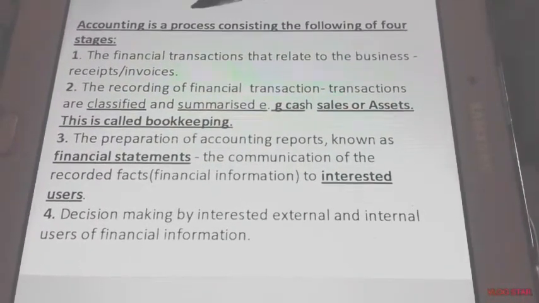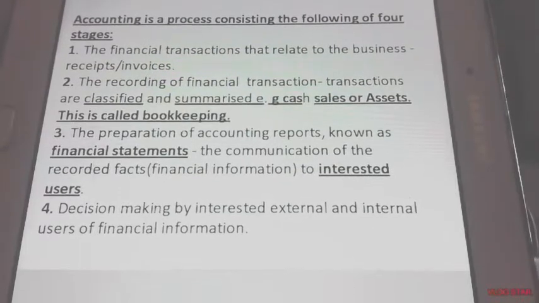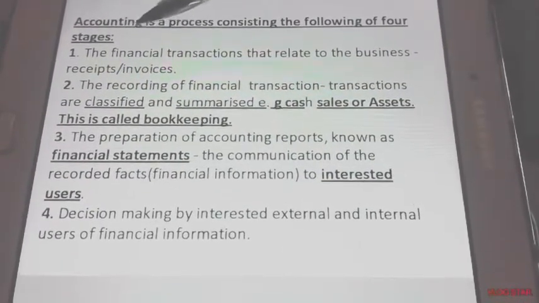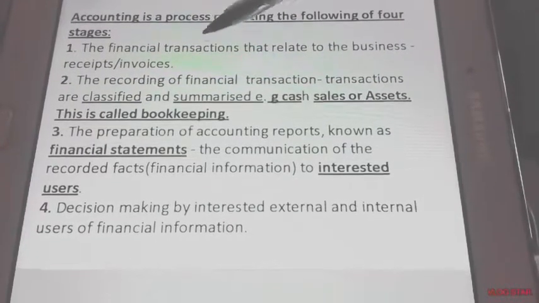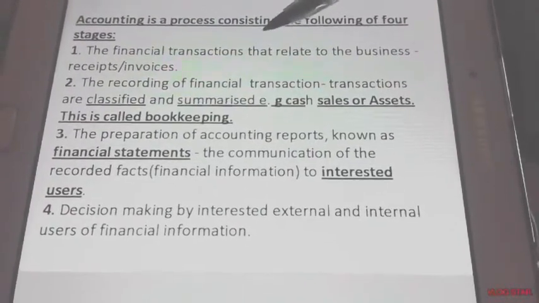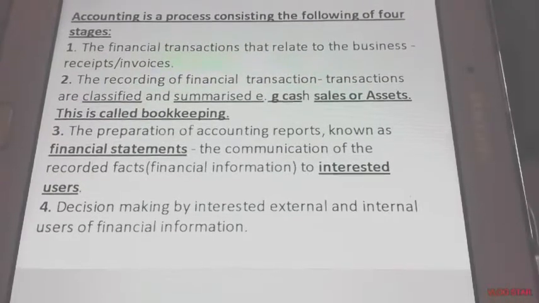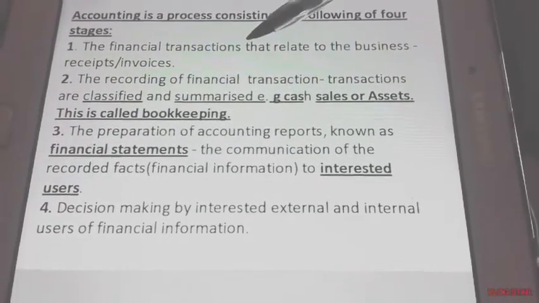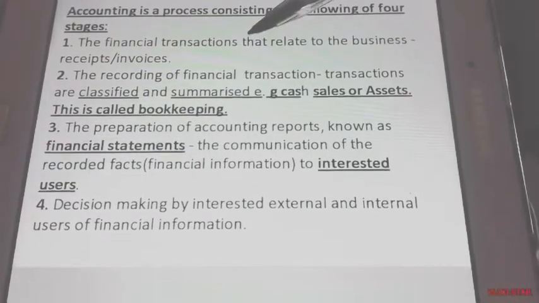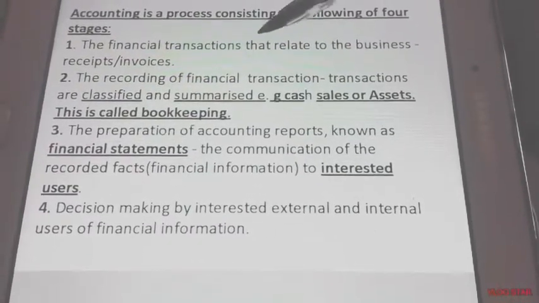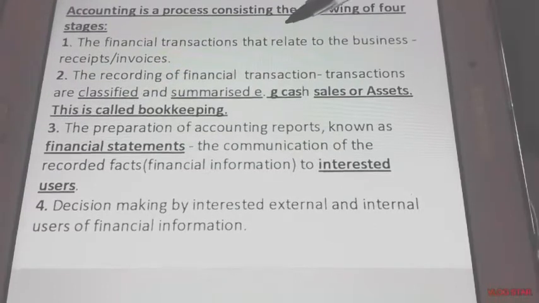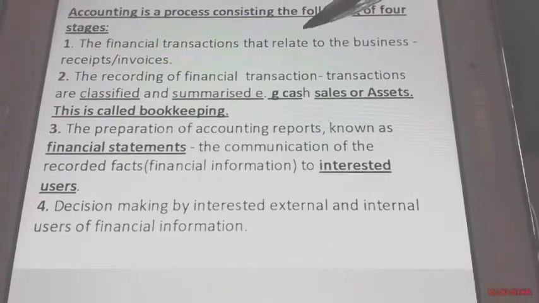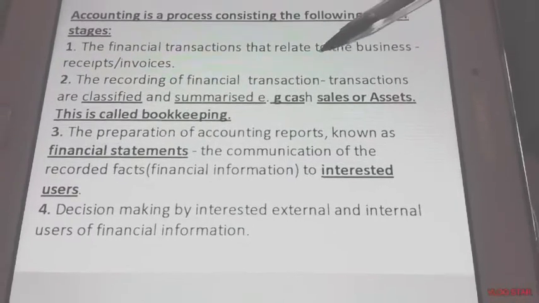Accounting is a process consisting of 4 stages. The first stage has to do with financial transactions. This is when the exchange of goods and services between the business and the consumer, or the business and a supplier, takes place.